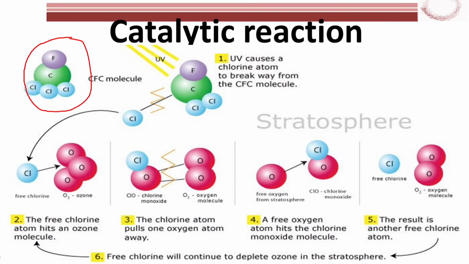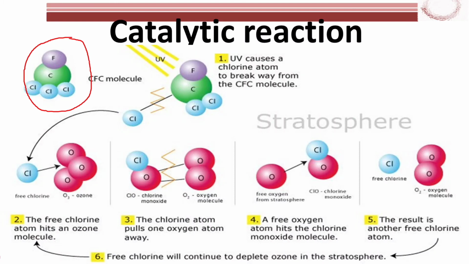ginagamit siya sa refrigerant, so ginagamit siya sa aircon, sa fridge, and nare-release siya. Pero sa level natin dito sa lower atmosphere, wala siyang harmful effect. So, unreactive siya dito.